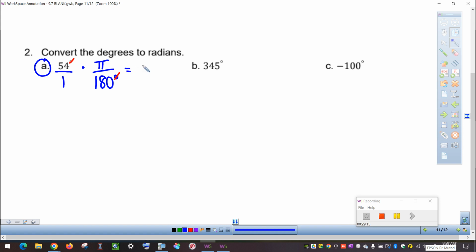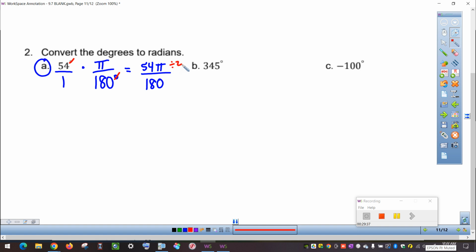Then what we do is we multiply across the numerators and we multiply across the denominators. So essentially it's 54 pi over 180. But then I want to see if I can reduce this down. So I'm noticing that both 54 and 180 are even numbers.